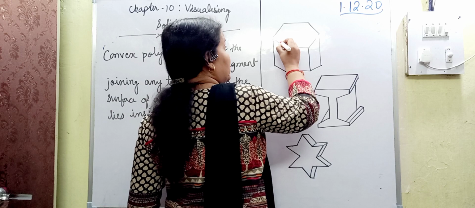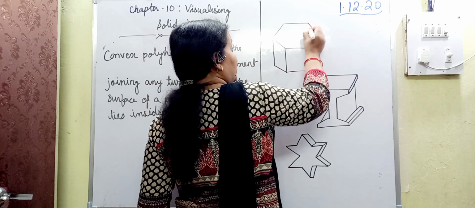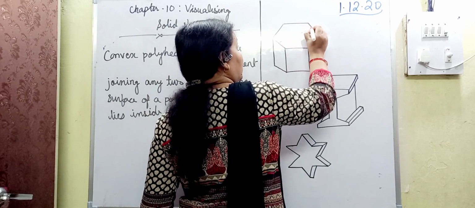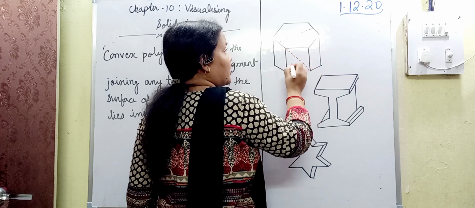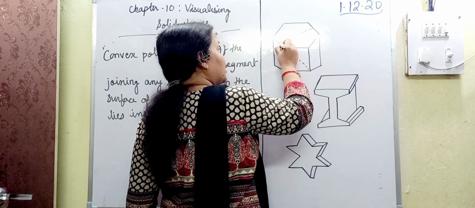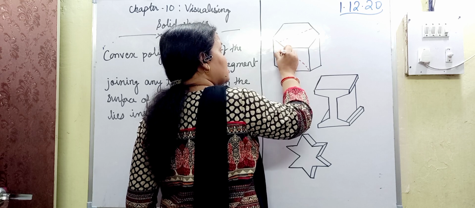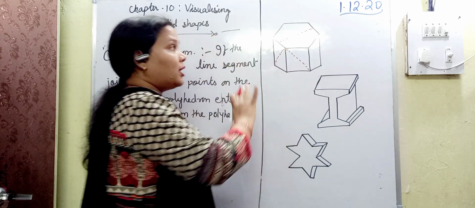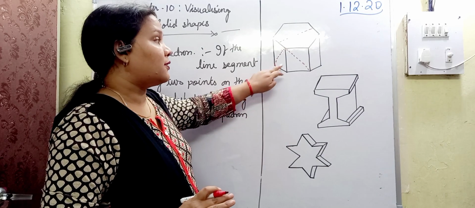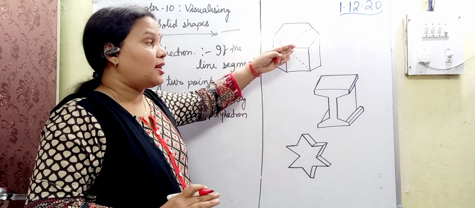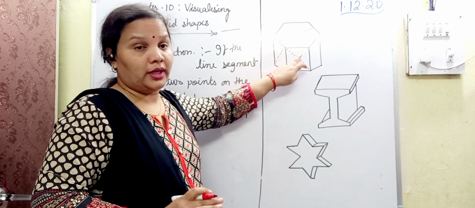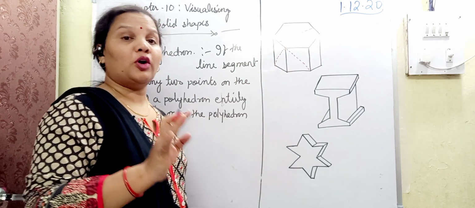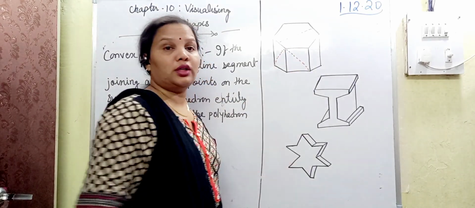If I take these 2 points here and here, the line lies inside it. If I take these points, it also lies inside. If I take any other points and join them, it also lies inside. So in any of these cases, if you join any 2 points, the line always lies inside this polyhedron. So these kinds of polyhedrons are known as convex polyhedrons.